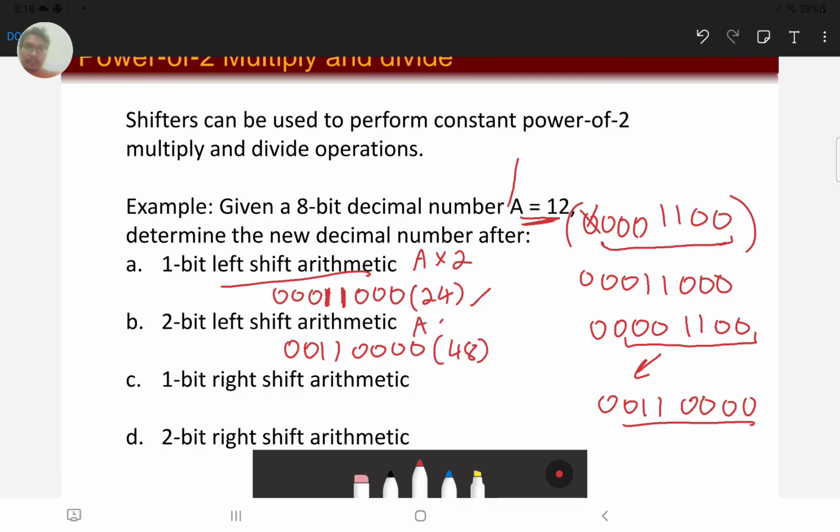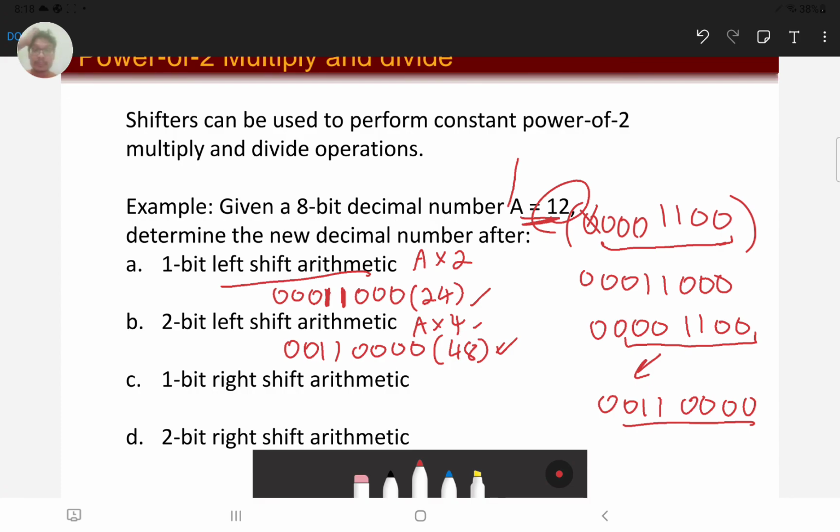So here is A multiplied by 4. Essentially, a 2-bit left shift, arithmetic or logical in this case, will result in the original binary multiplied by 4. From 12, now we have our new 48.